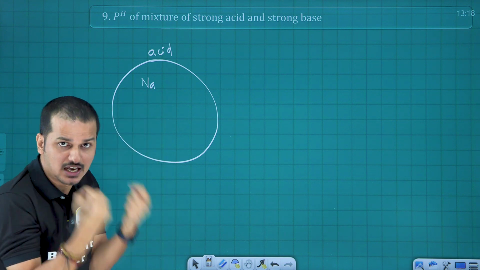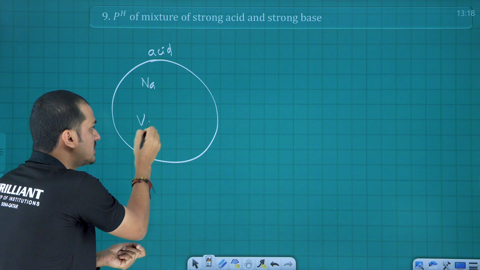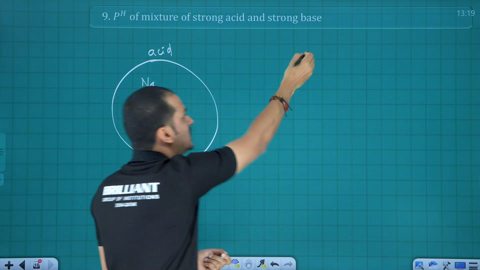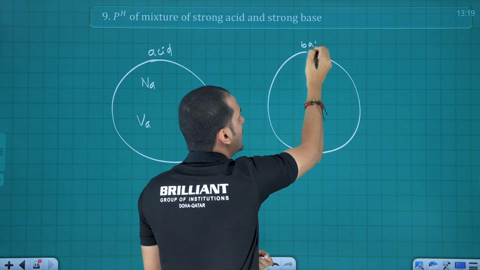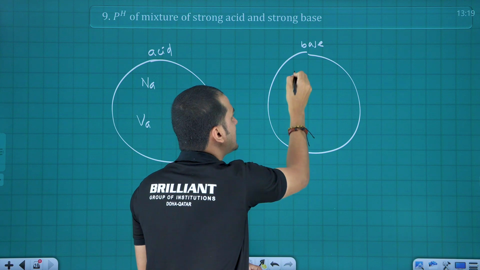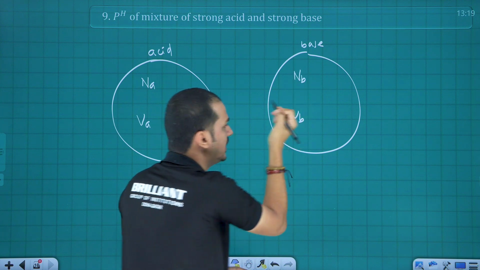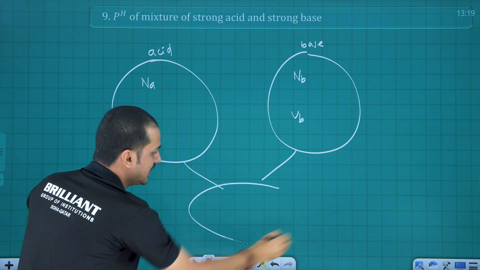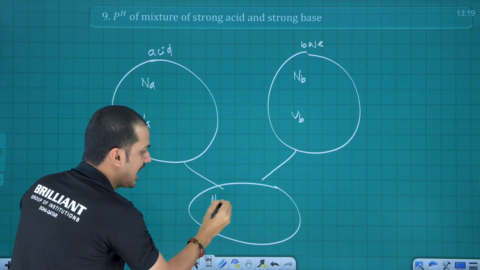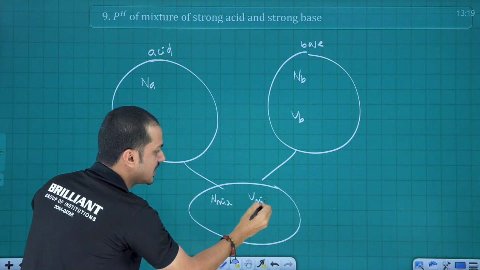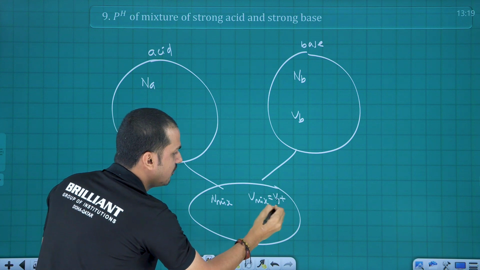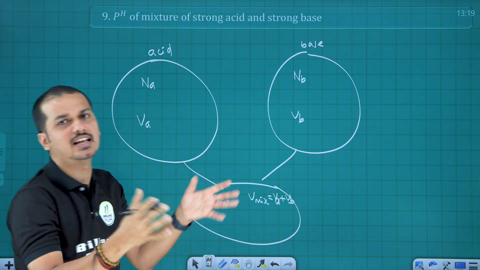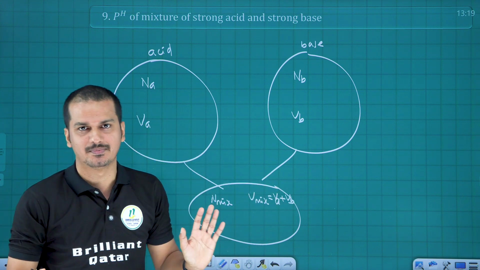Then what about the volume? Volume is Va. And I am going to mix this one with a base. Its normality is Nb and volume is Vb. If I am mixing, then the normality of the mixture is N mix, volume of the mixture is V mix. V mix is nothing but Va plus Vb. If I am adding acid and base, the volume is adding.